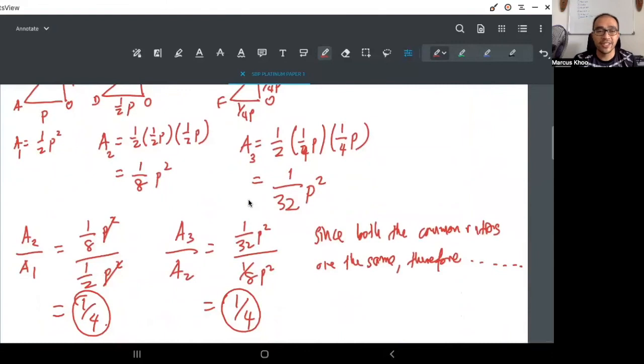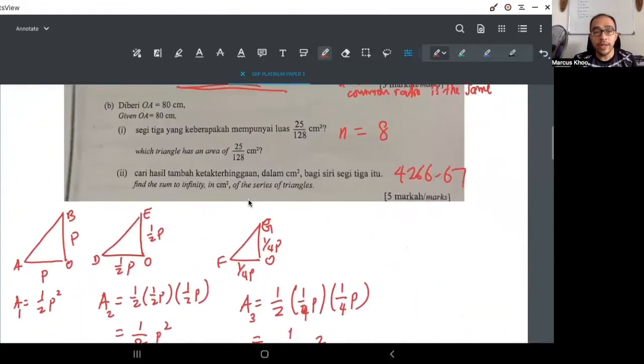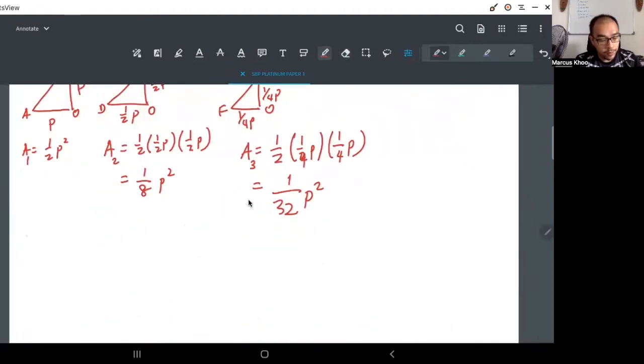Now given that OA is 80 cm, these people got nothing better to do. First, they give you everything in P, then they finally give you P equals to 80. If P equals to 80, therefore A1 will be half times 80 squared, which will be 3,200.